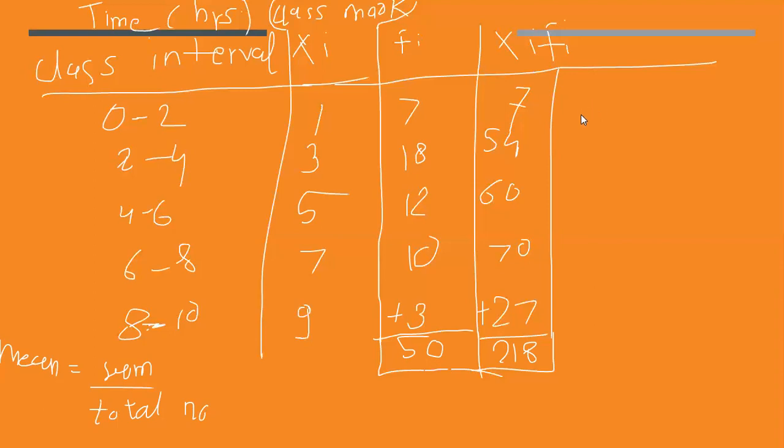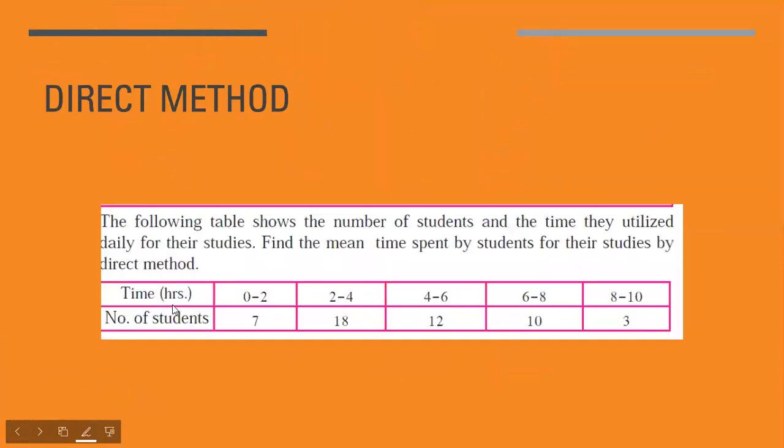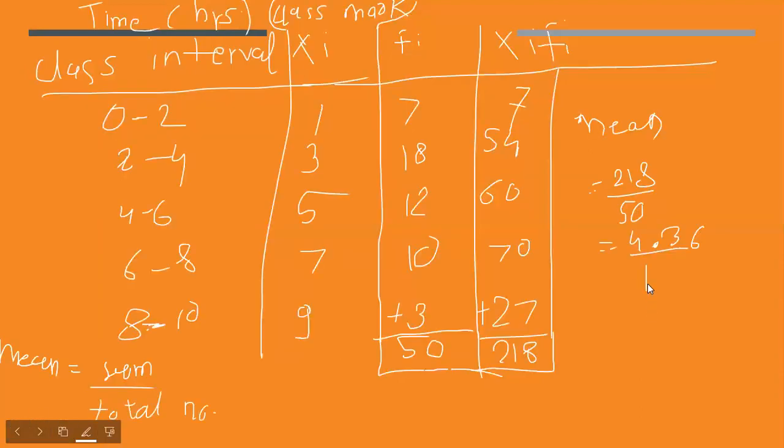So the mean in this example is quite easy to calculate. It is 218 by 50, and if you further solve this it will be 4.36. Remember to put a point here, and as the time is given in hours, it is necessary to write hours here.